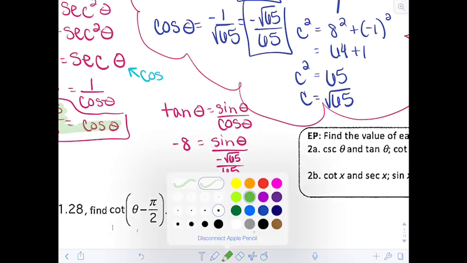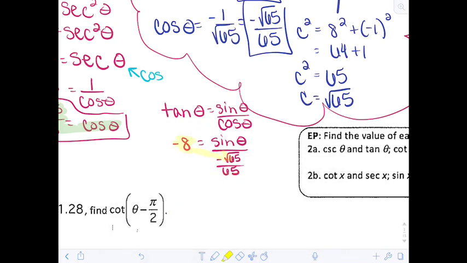But now, all I have to do to find the sine of theta is to cross multiply. Negative 8 times the negative square root of 65 over 65 is equal to sine theta. Two negatives make a positive. So 8 root 65 over 65 is equal to sine theta.